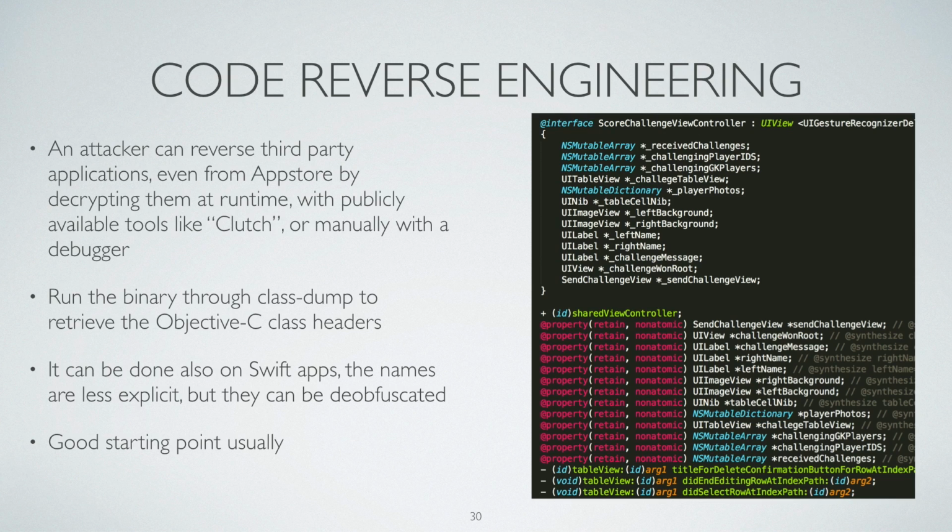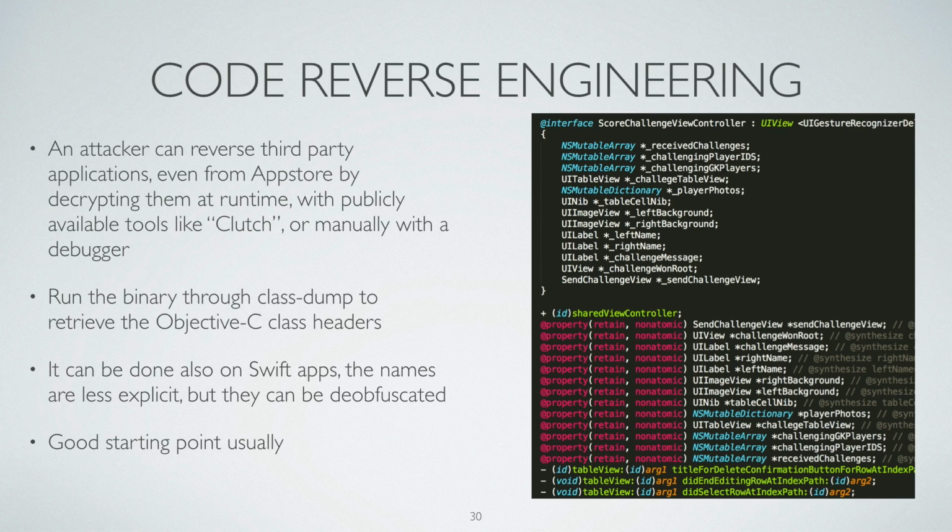So what is the flow of an attack usually? An attacker usually downloads the application from the App Store and decrypts it, because Apple applied DRM to the applications in the App Store. So the application is encrypted, but if your device is jailbroken, you can run your application and attach to it with a debugger, and you can dump the memory while it's decrypted.